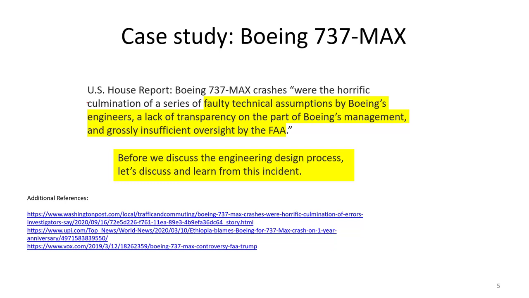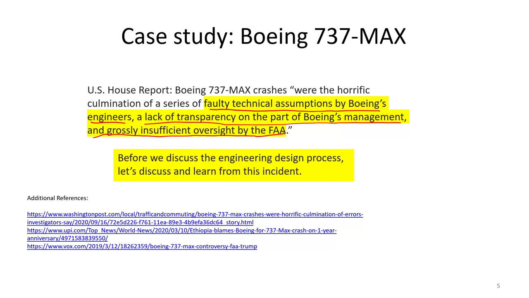So you may remember seeing this news headline. The U.S. House of Representatives released a report stating that the Boeing 737 MAX crashes that happened were the horrific culmination of a series of faulty technical assumptions by Boeing's engineers, a lack of transparency on the part of Boeing's management, and grossly insufficient oversight by the FAA.